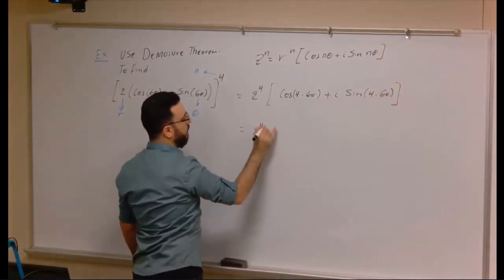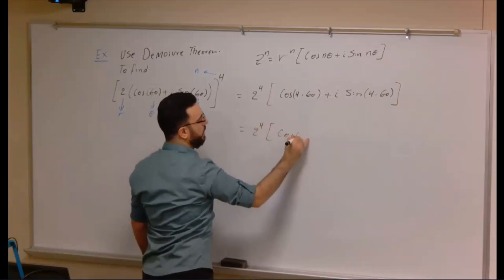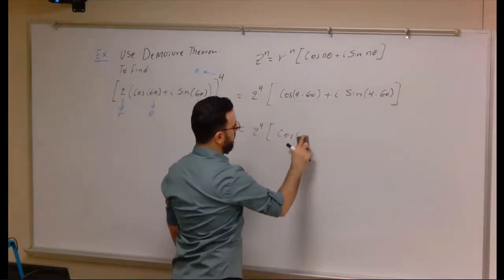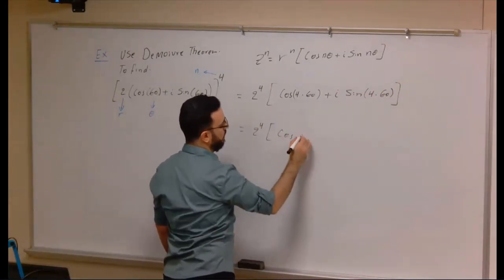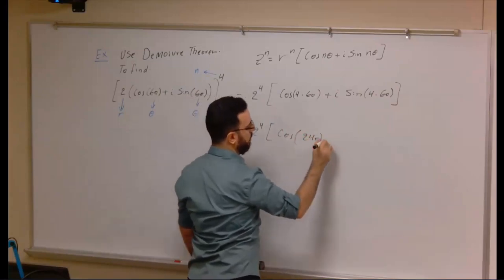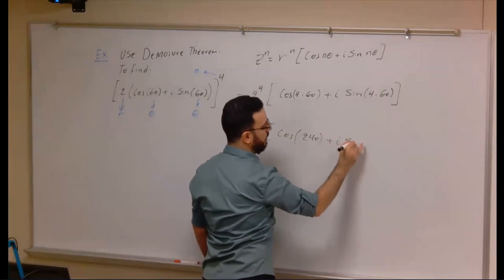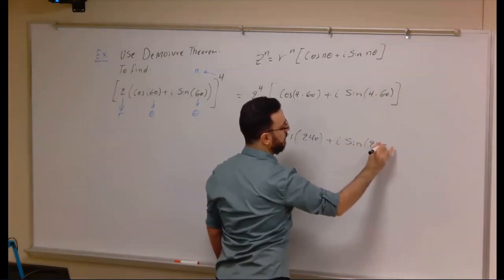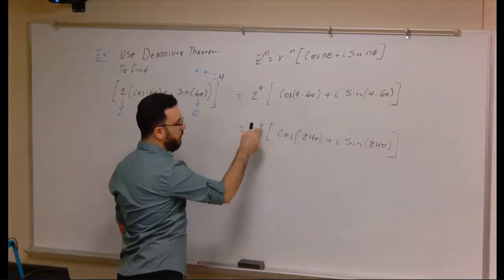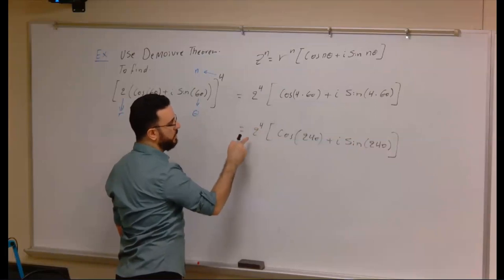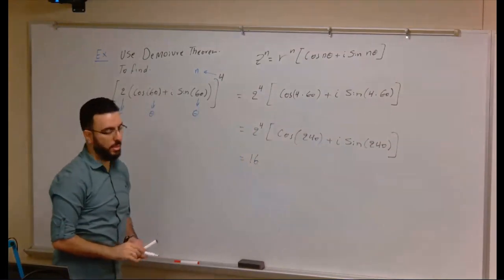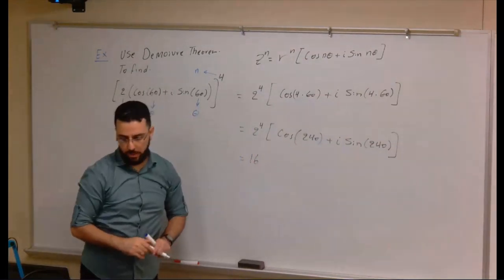So 2 to the power 4 is going to be cosine 240, plus I. Two to the power 4 is going to be 2 times 2 times 2 times 2, 4 times. That means it's going to be 16.